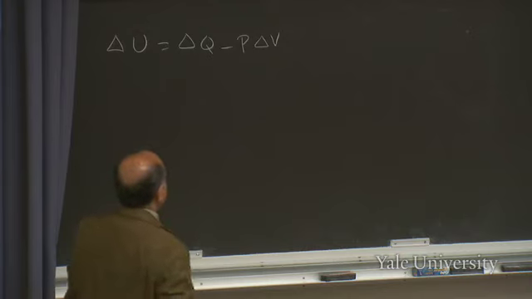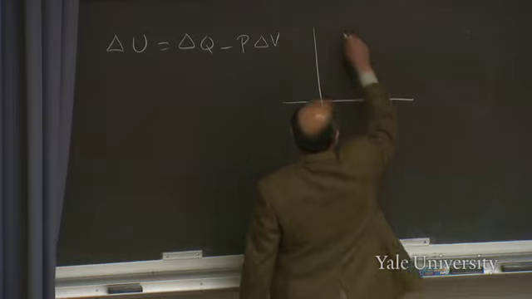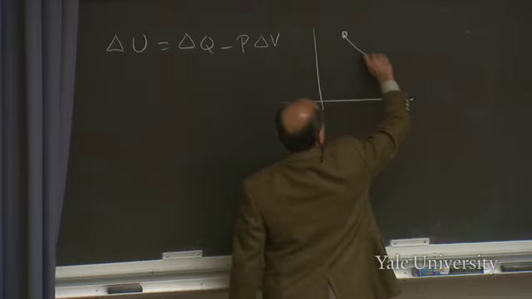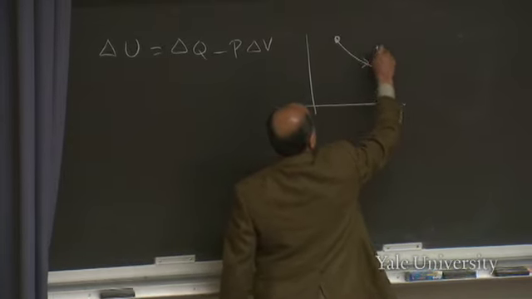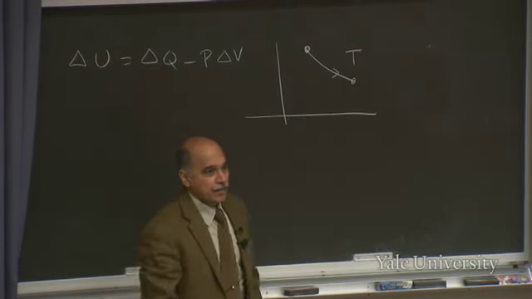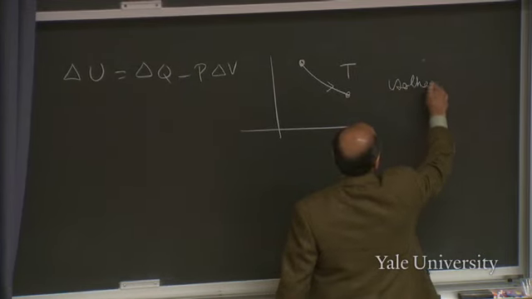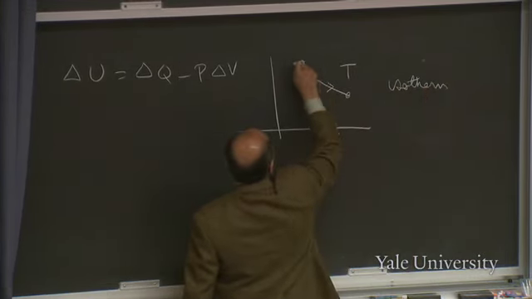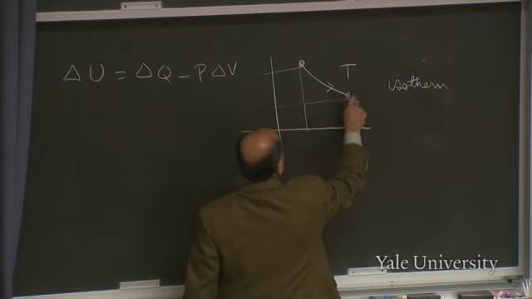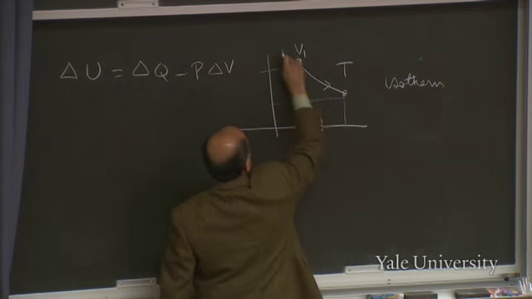So what I did for you last time was a practice calculation in which I took a gas here, went along an isotherm. That means temperature is a constant. That's the meaning of the isotherm. And I want to go from some initial point to some final point. So this is volume V1 and pressure P1.